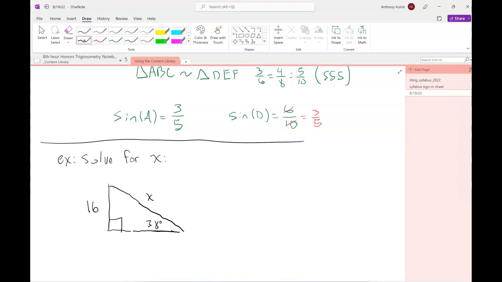Now, yes, we can do sine. How did you come to decide that sine was the one that we wanted to do? Yeah, relative to the 38, the side we know is opposite. The side we want is hypotenuse.